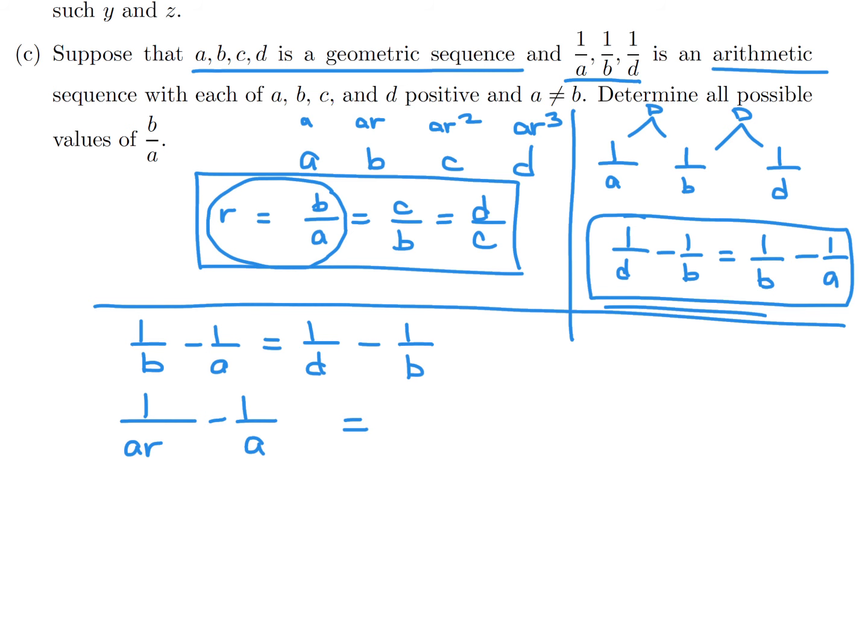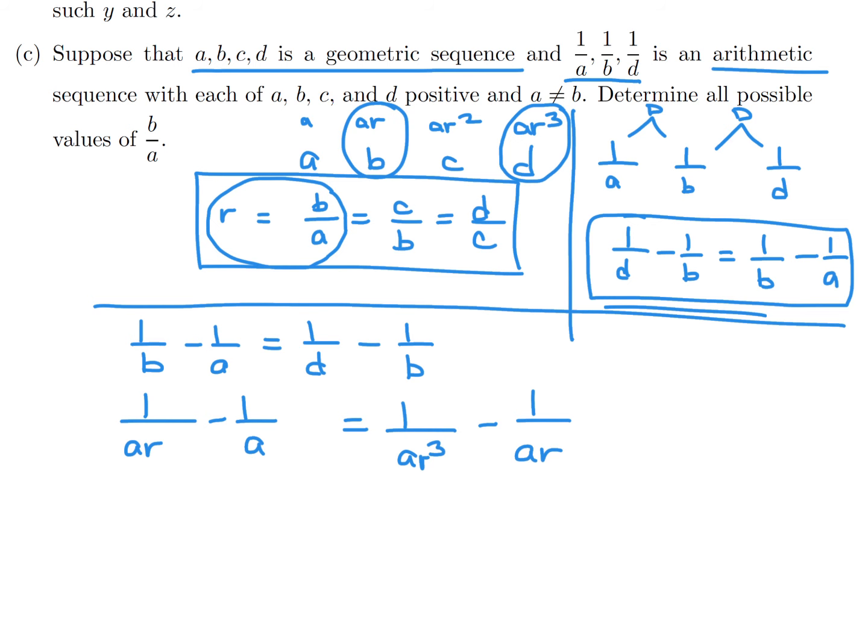And then D would be, I just use the basic definitions up there, AR cubed. And then B is AR. Yeah, I think that'll be pretty decent. I immediately narrowed it down to 2 variables.